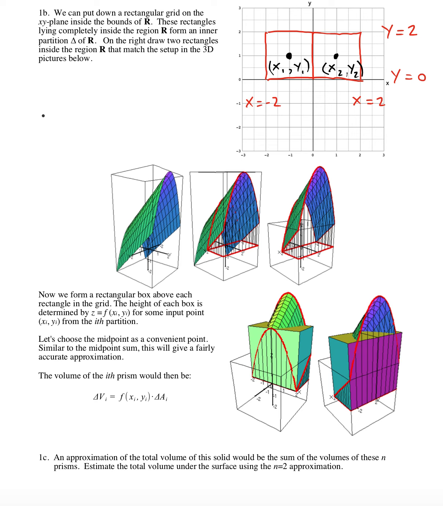So the first thing I'm going to want to do is find x1 comma y1, and then I'll find x2 comma y2. So we got negative 1 comma 1 and 1 comma 1.